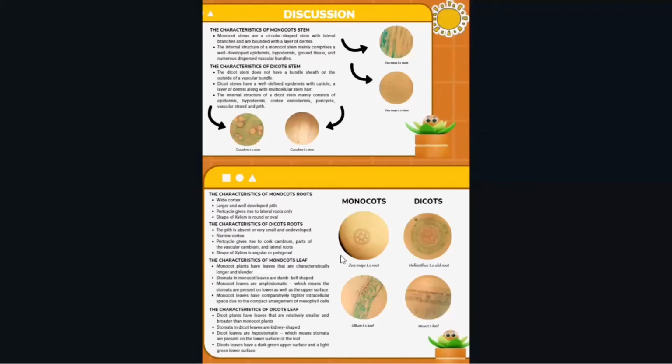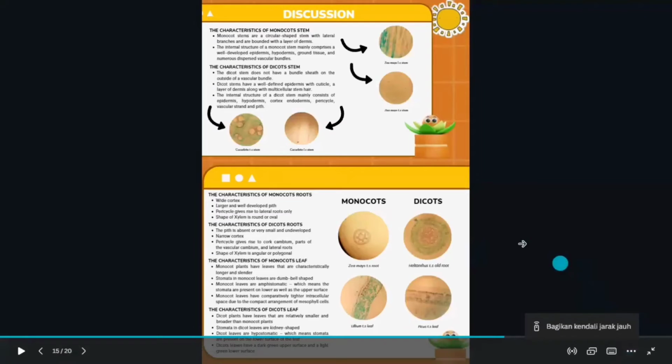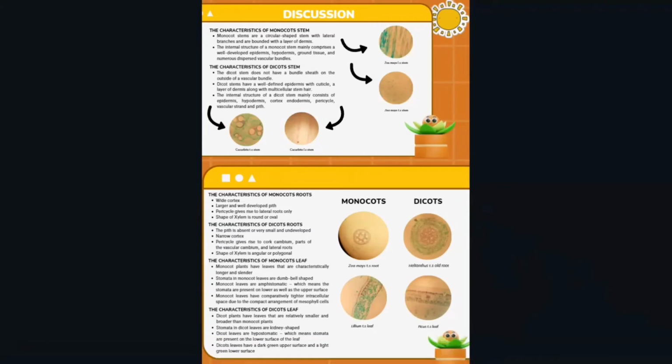For the leaf, the characteristics of a monocot leaf. The first is that monocot plants have leaves that are characteristically longer and slender. The second, the stomata in monocot leaves are dumbbell or bell-shaped.